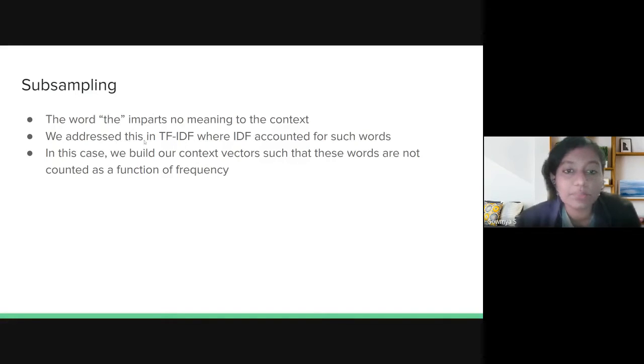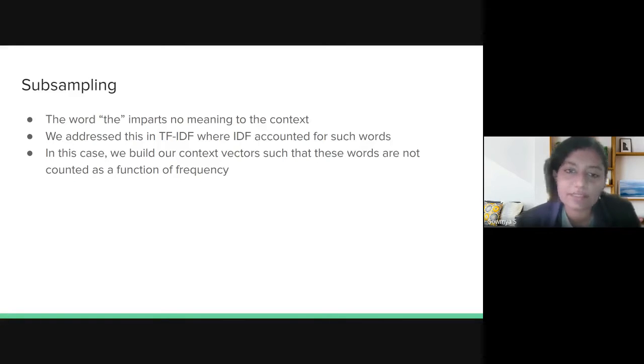Now, we addressed this actually before with TF-IDF, where the inverse document frequency accounted for such words, because we saw that if a word is very frequent in all documents, then it does not lend meaning to the context or the word. In a very similar fashion, we build our context vectors such that these words are not counted as a function of frequency.